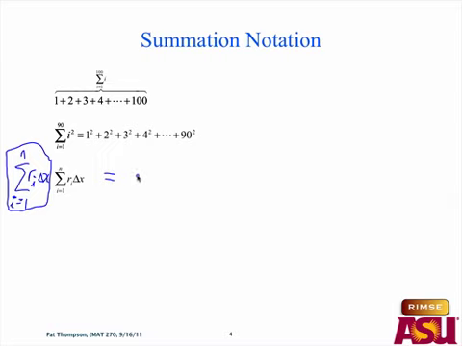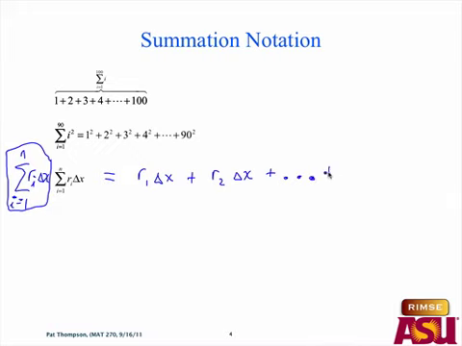The rate of change changes by 1 up until it reaches n. So what would the first term be? R1 delta x. Keep going. R2 delta x. R3 delta x.